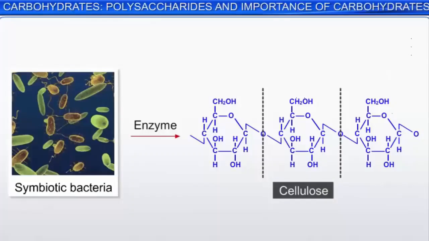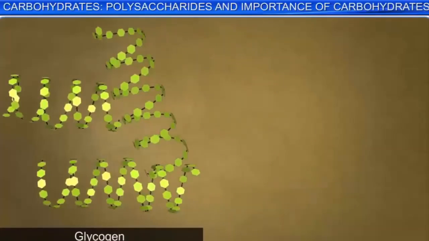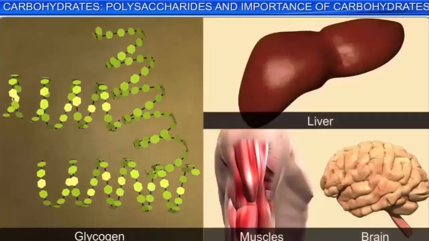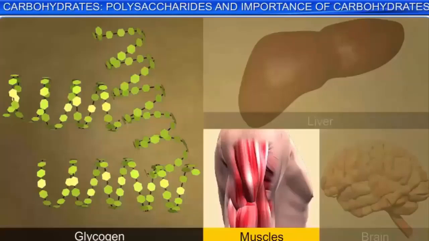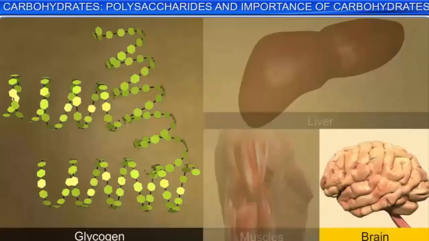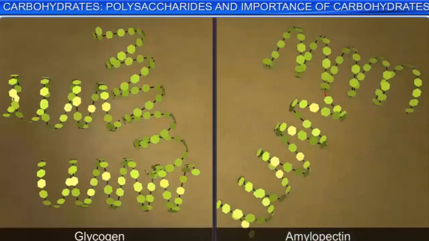The polysaccharide glycogen is the form in which carbohydrates are stored in animals. It is present in the liver, muscles, and brain. Glycogen is also found in yeast and fungi. The structural aspects of glycogen are much similar to amylopectin, a component of starch.